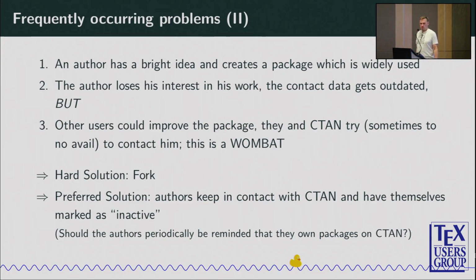And I think that was the case with the famous, often used Metropolis Beamer package, which was then replaced by the Moloch package. And this is the hard solution we try to avoid. This is a fork.